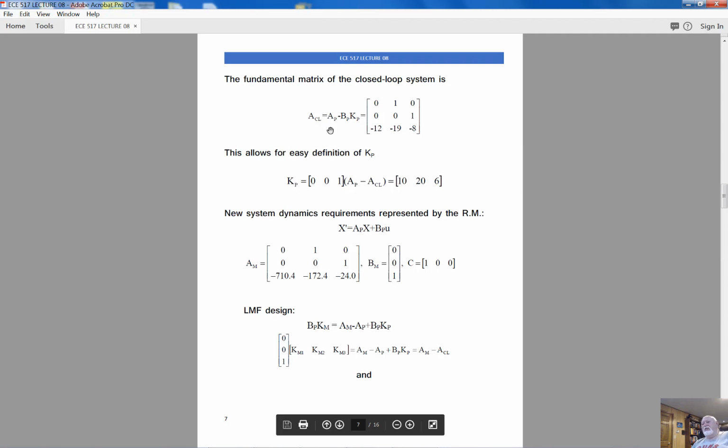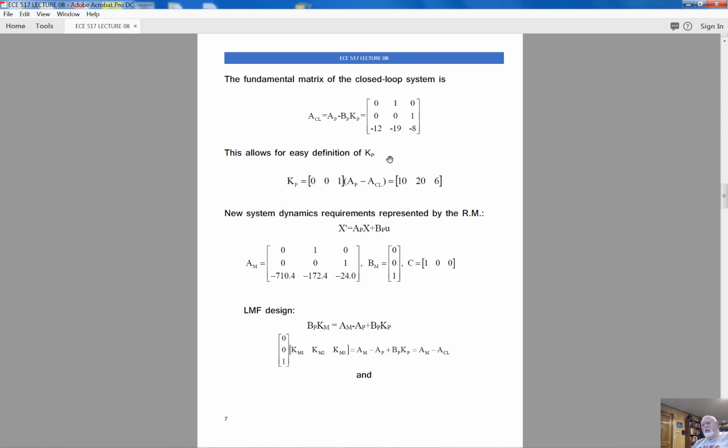And then, based on this characteristic polynomial, since we know the canonical controllable form definition, this is the closed loop fundamental matrix of the closed loop system for the stabilized system, for the system with the matrix Kp in the feedback. Should look like this. Because this is the fundamental matrix that has the required eigenvalues.